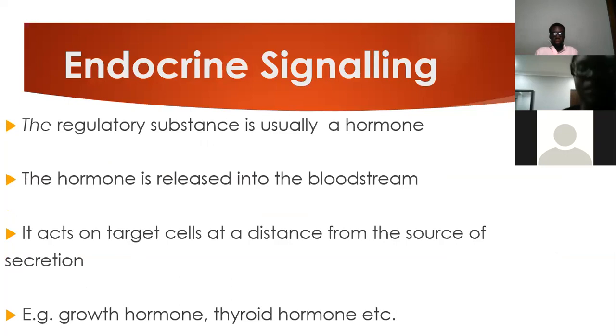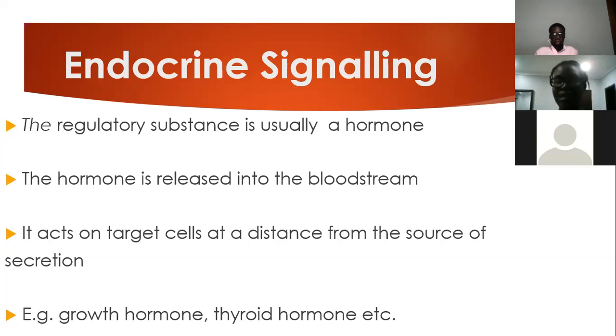Then the last signaling is endocrine signaling. In this case, the substance that is secreted is very far away from the target cell. For example, the brain produces anterior pituitary hormones, let's say growth hormone. Growth hormone acts at the ends of the long bones to cause elongation or increase in height.